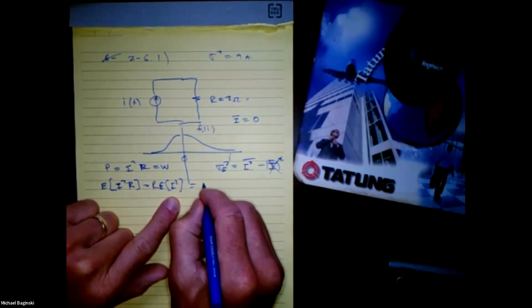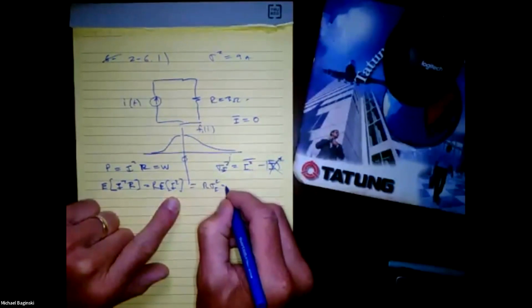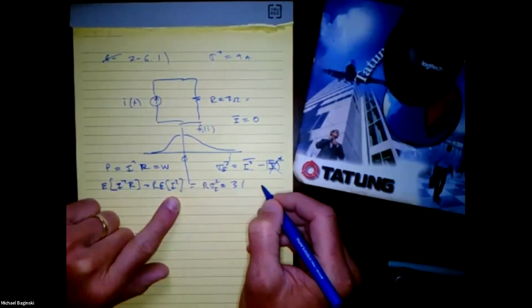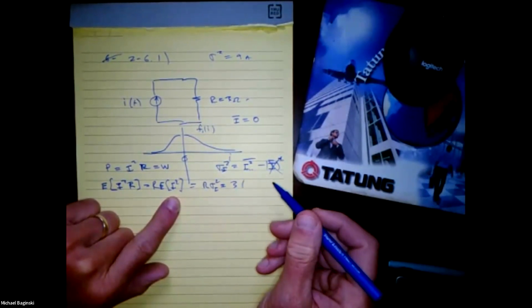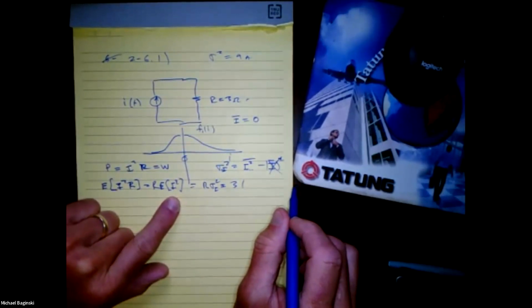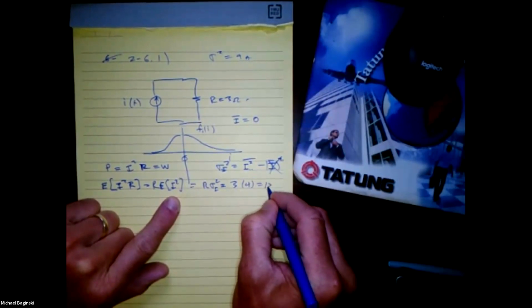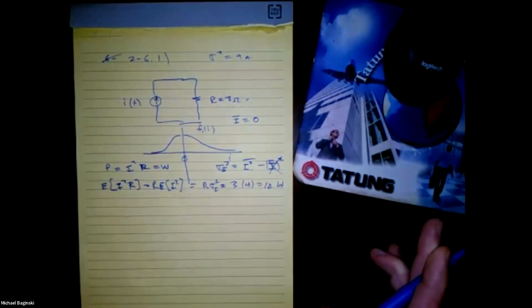So that's just going to be R times sigma squared of I. And that would be 3 times 4. Did they say variance? Yes, variance is 4. So this is going to be 3 times 4, or 12 watts. And I think that's in the book.